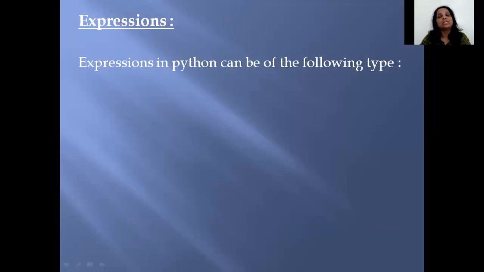Now, what is an expression in Python? It's just a Python statement that consists of operators, which could be any of those operators, and could consist of variables or literals. So a Python statement that can consist of operators, literals, or variables is called an expression.